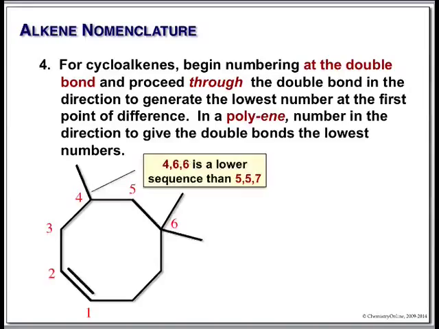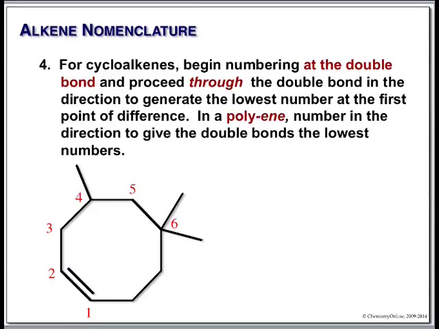If we went this way, we would have 1, 5, 5, 7. 4, 6, 6 is better than 5, 5, 7. This is a cyclooctene, isn't it? We know where carbons 1 and 2 have to be, but we have methyl groups in 4, 6, and 6.